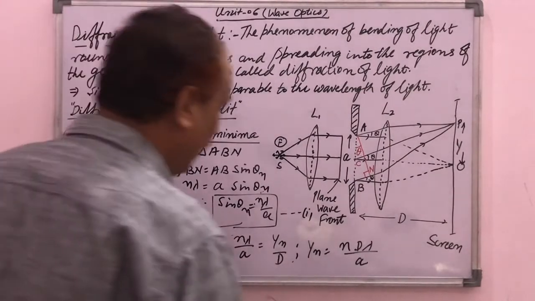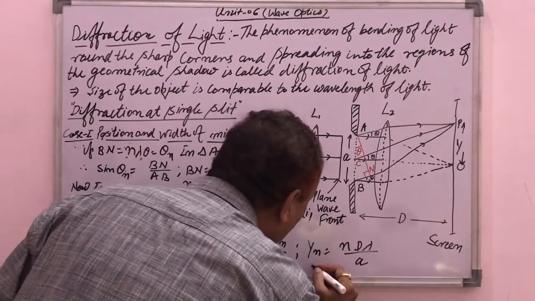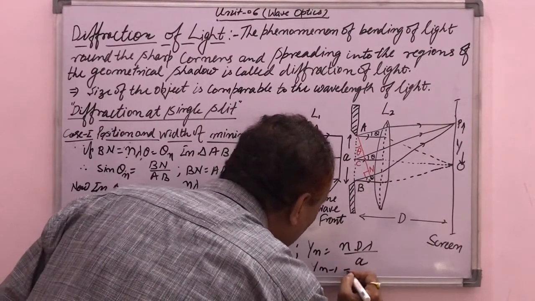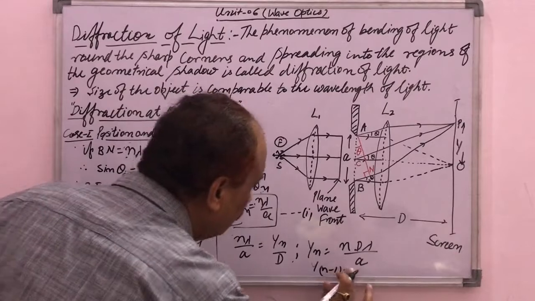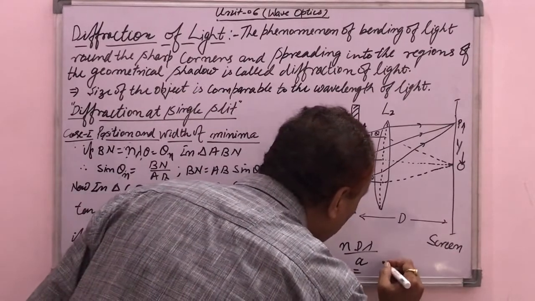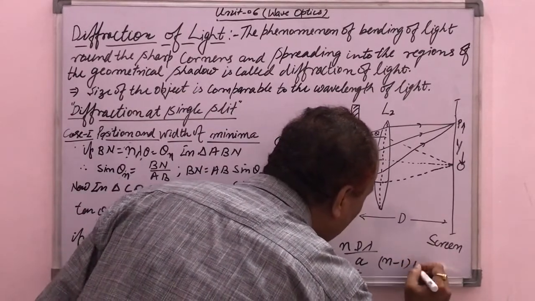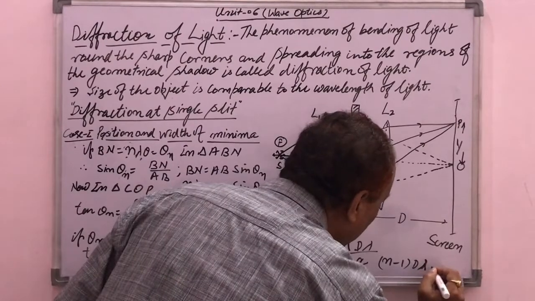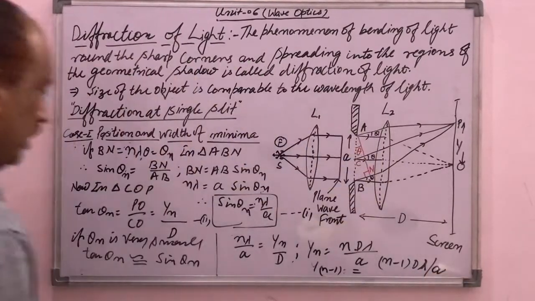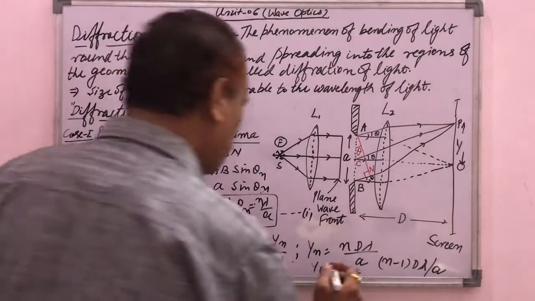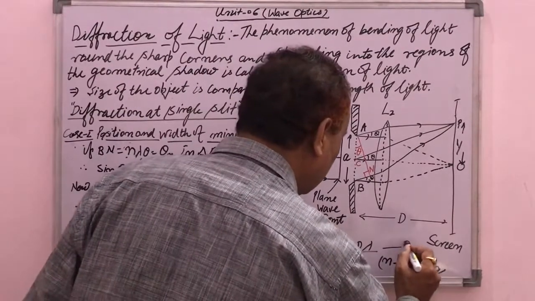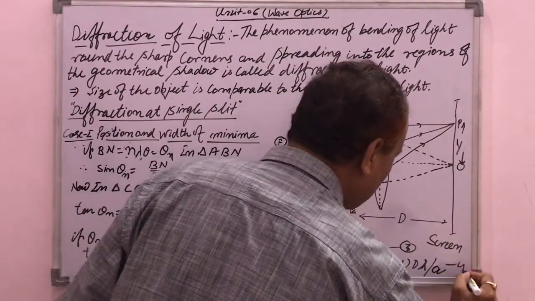Similarly we have to write the condition for the yn minus 1 situation. So for yn minus 1, it will be equal to (n minus 1) D lambda upon A.